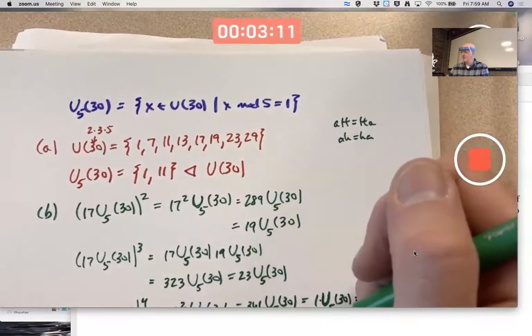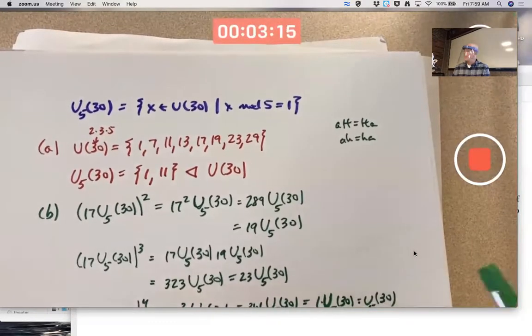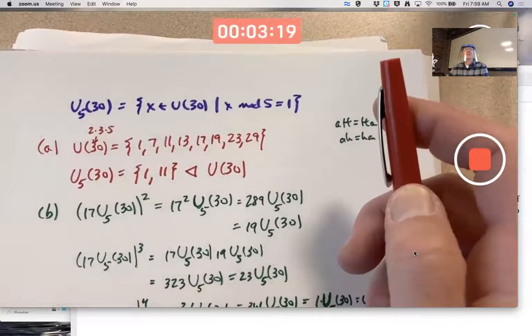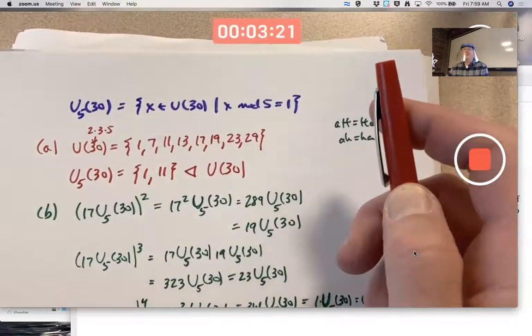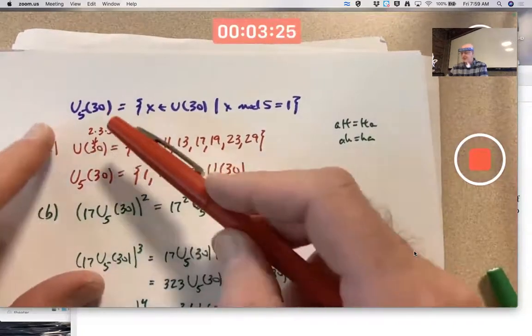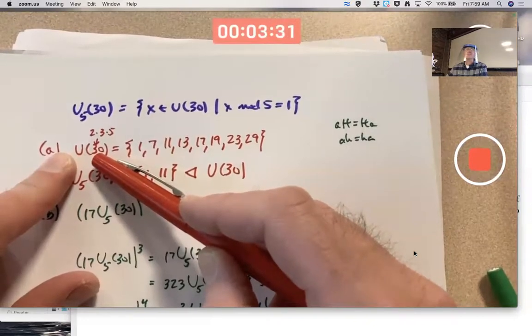Somebody had a question about this on the assignment I handed back to you. Something I think I did mention in the lectures, but I haven't emphasized here in class. Different U groups where you have different numbers in here, 30 as opposed to say 90 or 200 or 1,000 or 3,000, whatever.